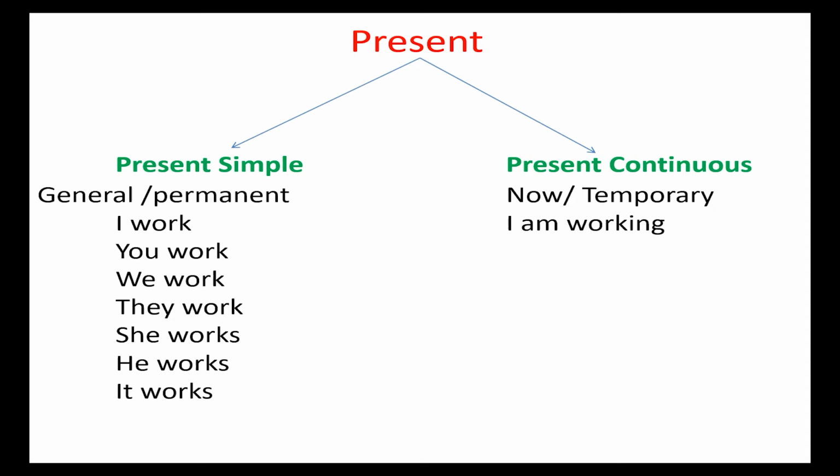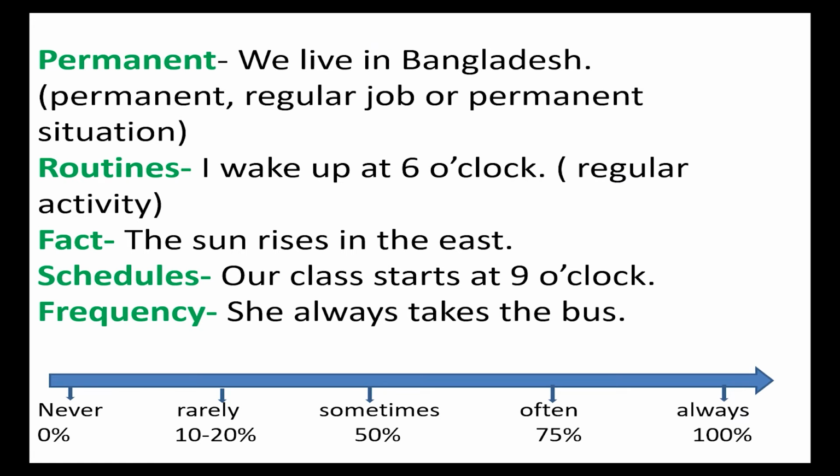She works, he works, it works. Here, when the subject is third person singular, an s is added to the verb. So when there is a third person singular subject, we have to add s or es to the verb.